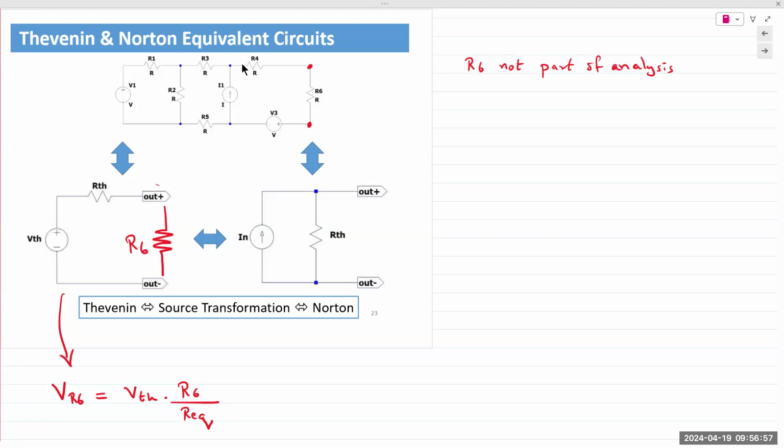I was just about to explain those. So this is an equivalent circuit because it is equivalent to a larger circuit, right? So the voltage in there is known as Thevenin voltage. And the resistance is known as the Thevenin resistance.